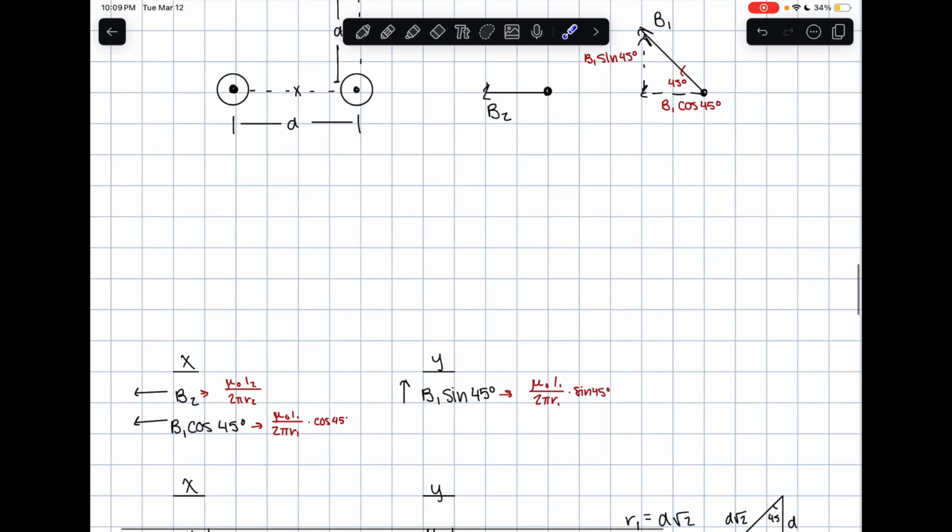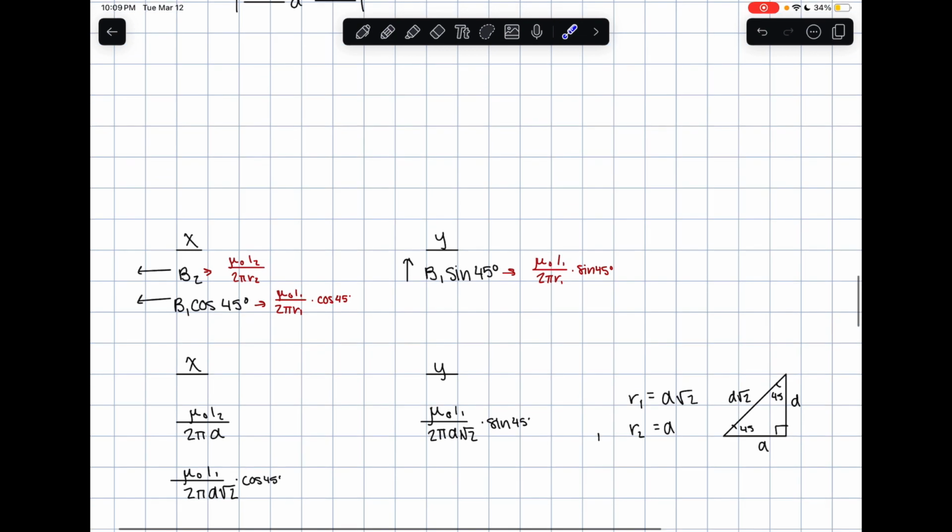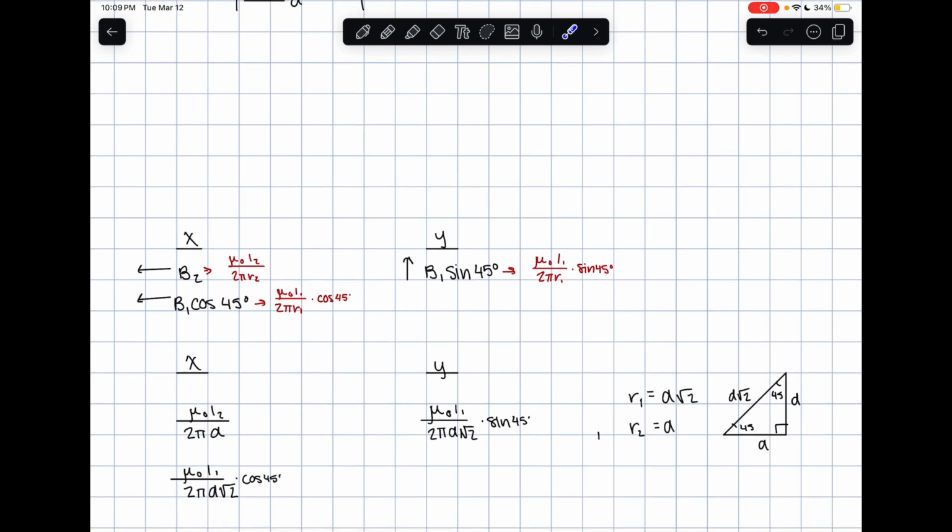Now, we can keep simplifying. As you notice, we have R1, R2, and R1, and if you are fond of trig, you know that we have a 45, 45, 90 triangle, meaning we can replace these radiuses. With a 45, 45, 90 triangle, two sides, the two legs, will be D, and the hypotenuse will be D root 2.